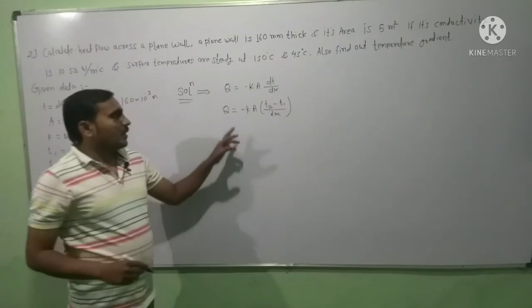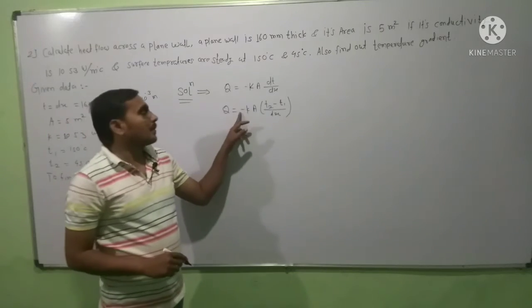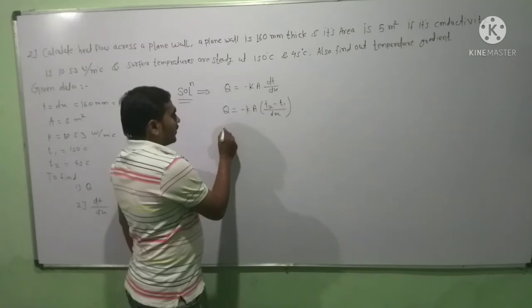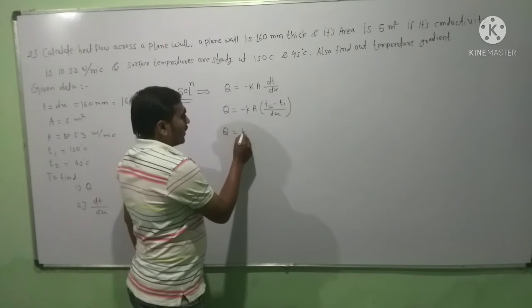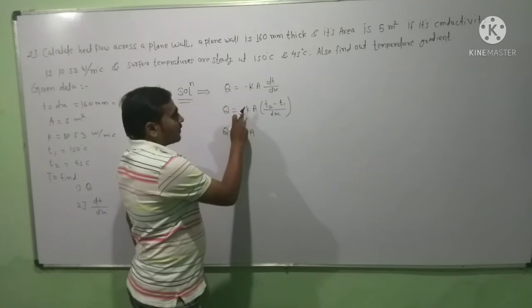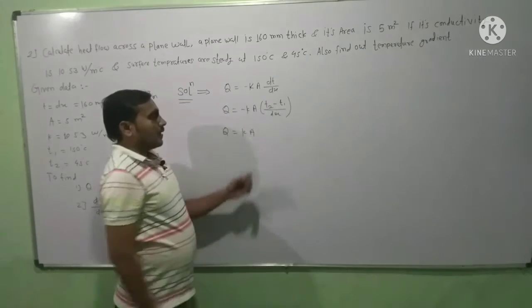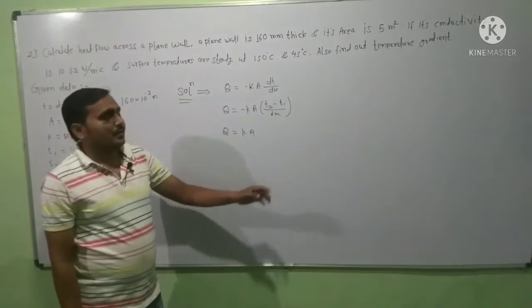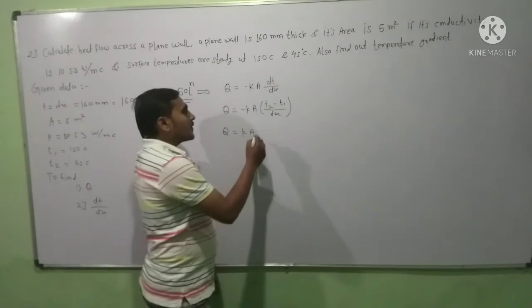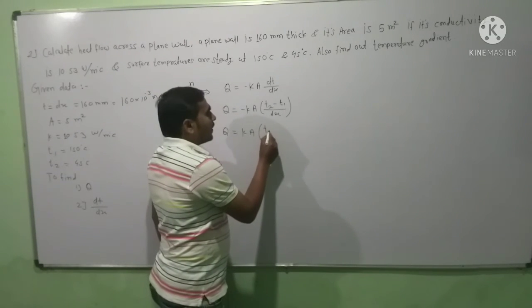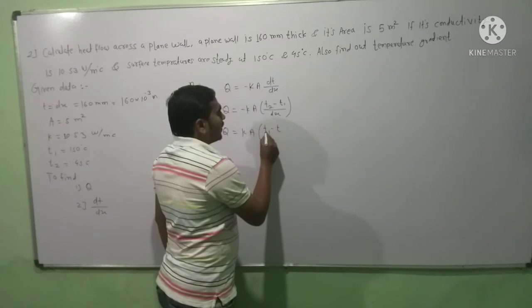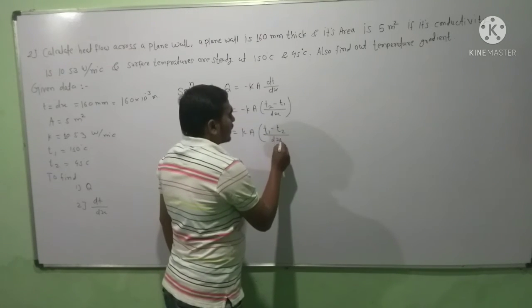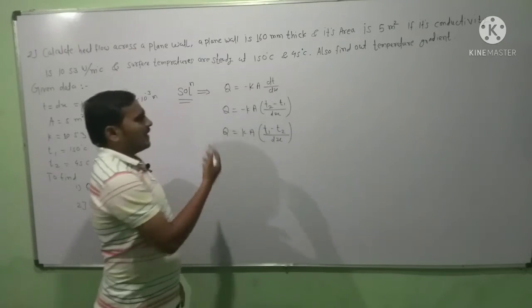Friends, if you multiply this minus sign into the bracket, what will become? Q equals to K into A, minus into T2 and minus into minus plus, so T1 minus T2 divided by dx. Put the values and get the answer.